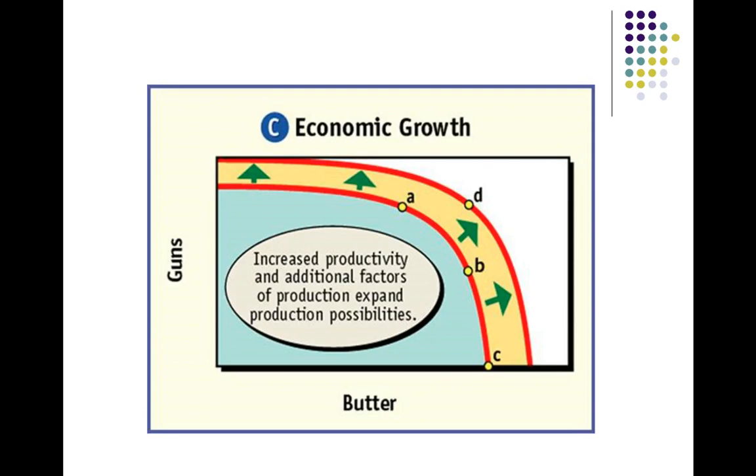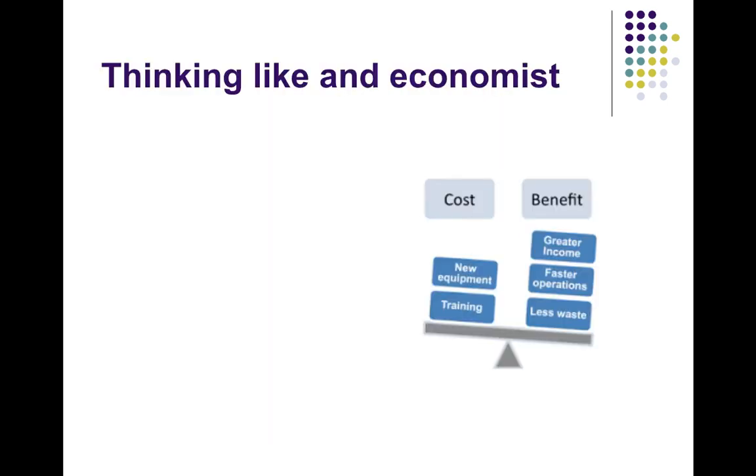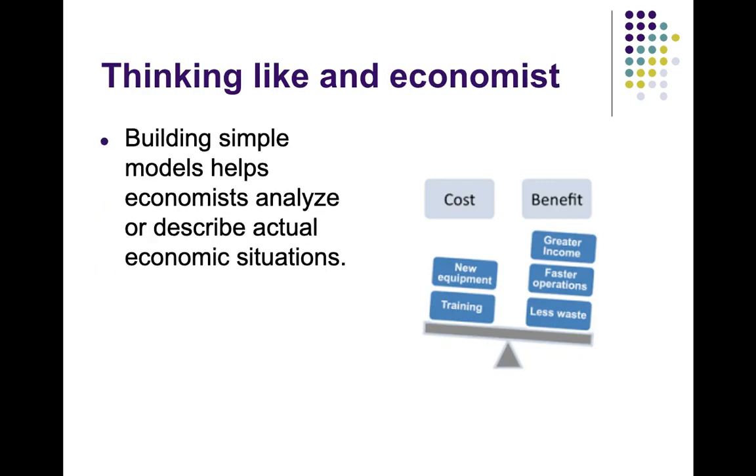And then economic growth, remember how I said if you have more resources suddenly available, then you can go to that outside point, D in this case, or Y in the other one. And then thinking like an economist, building simple models helps economists analyze or describe those actual situations. That's why we have things like the decision-making charts or the production possibility frontier curve.